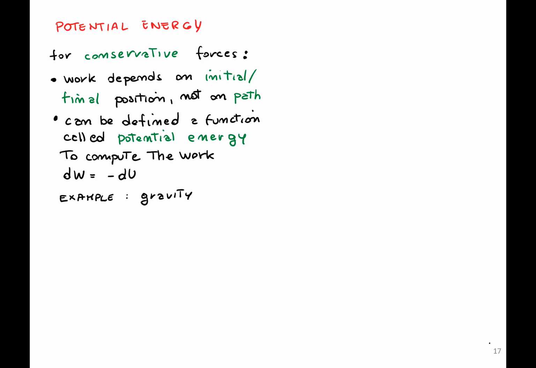And the conservative force we are interested in describing is gravity. In the case of a point mass, the potential energy has this expression. So we project the position of the center of mass along the gravity. So we get the height, let's say, of the center of mass, and the higher the height along the gravity direction, the higher the potential energy.